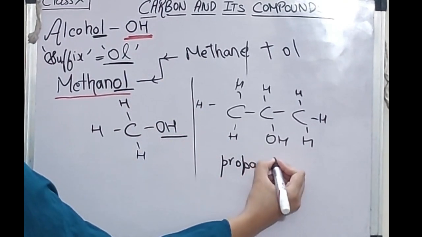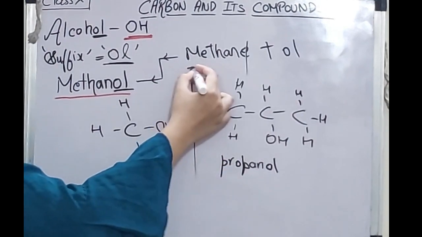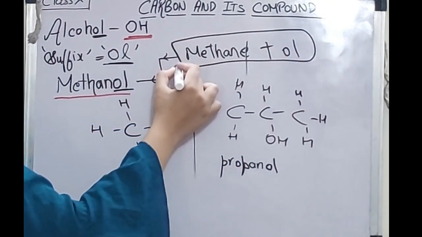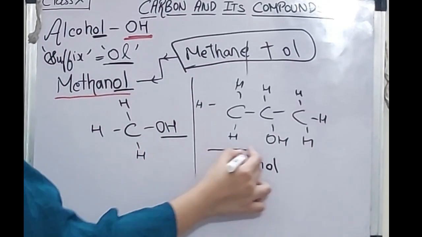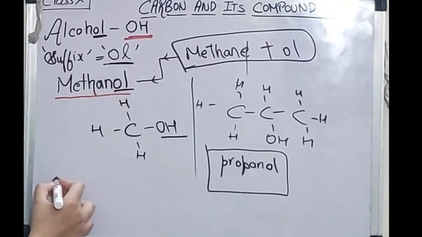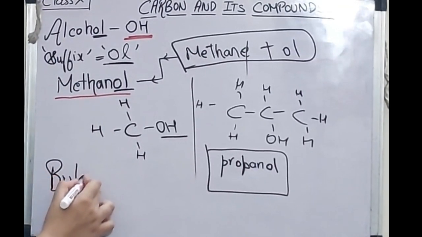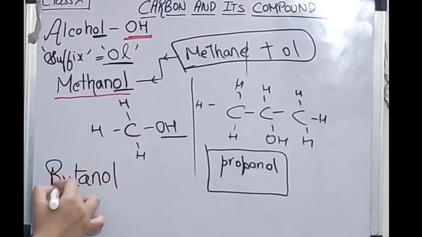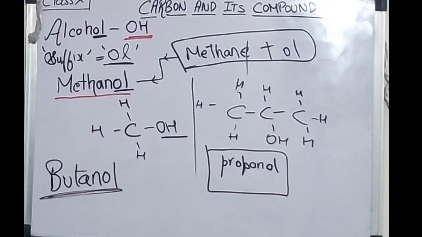So, propanol. Now, if you ask why I did not add the E, just refer to this: the E gets cut. So this becomes propanol. Now, your homework is to draw butanol. Just draw it, and I will give you the answer in the next video, I promise.